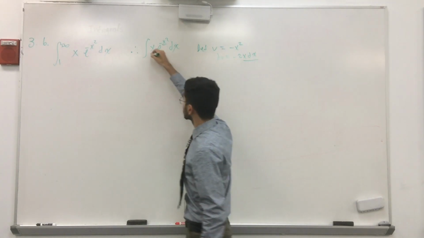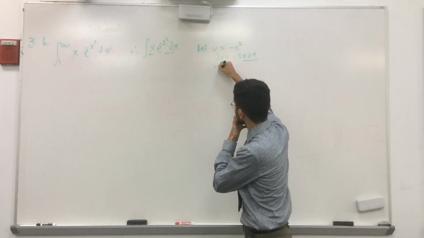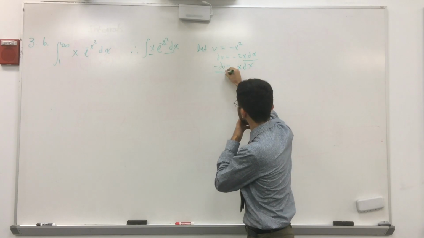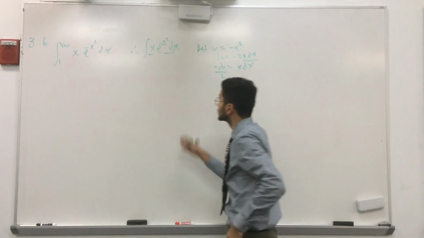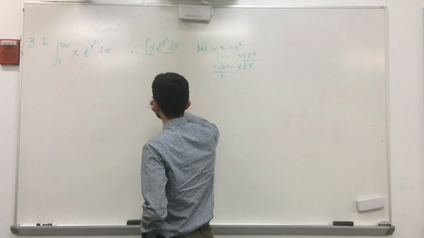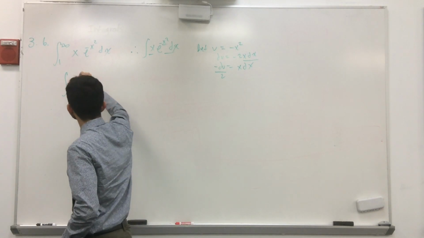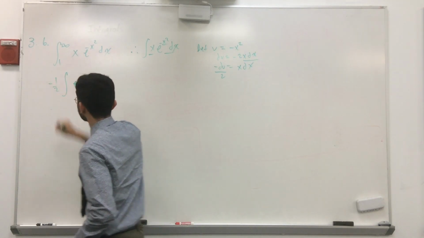And we've got an x dx in here, so we can use that. So negative du over 2 will be x dx. We substitute this in here, and this is nothing but the integral of e to the u du, times negative 1/2.